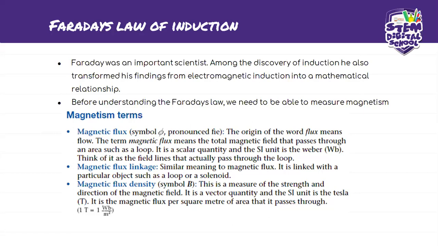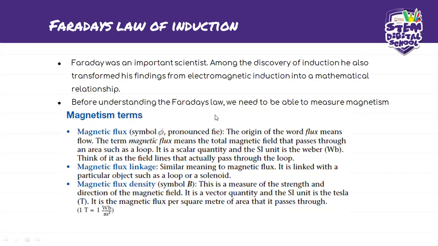It is a scalar quantity, and the SI unit is the Weber. So you can think of it as the field lines that pass through the loop.